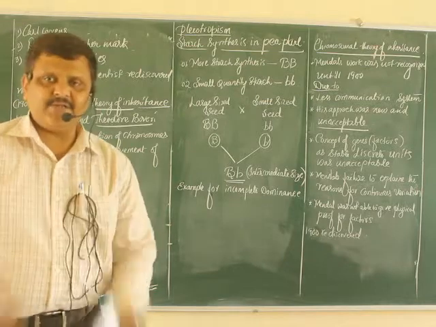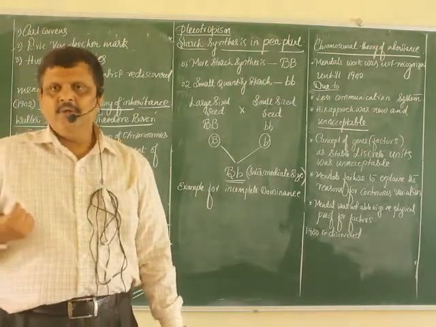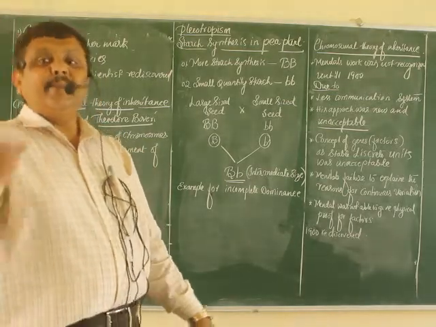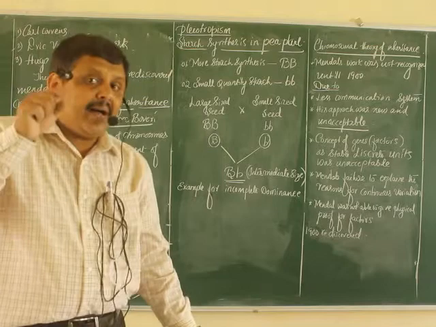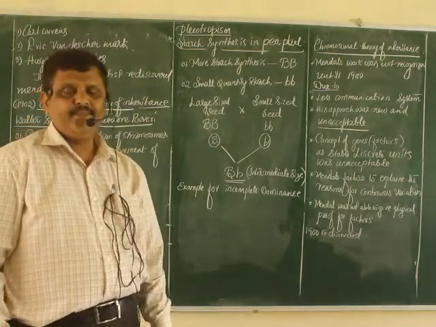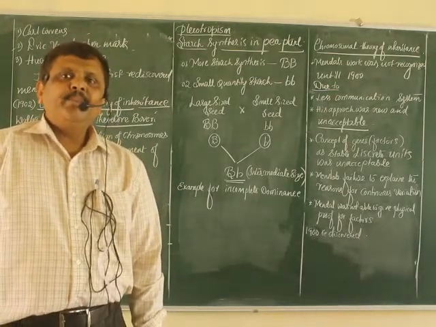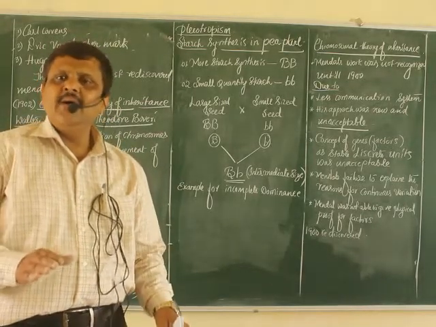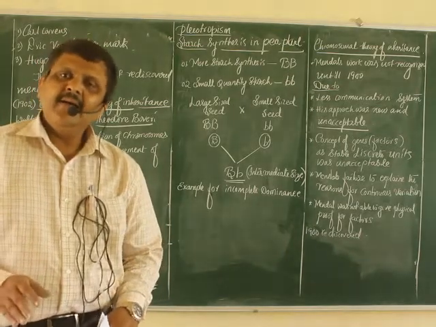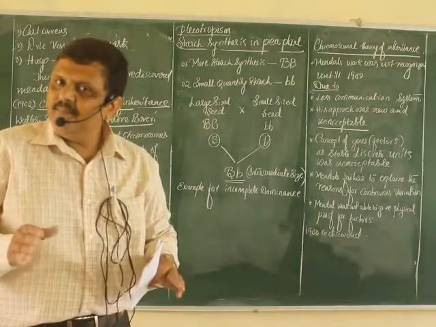Imagine there is a bus which has seats. Every seat is a locus, and the person who sits on that particular seat is a gene. If the person moves from one place to another, he can move within the bus, but he should stay inside the bus.